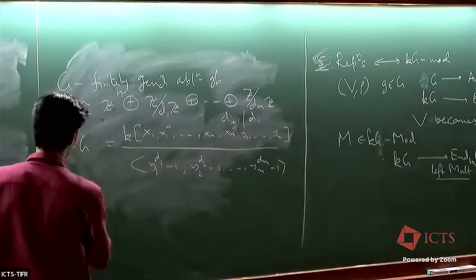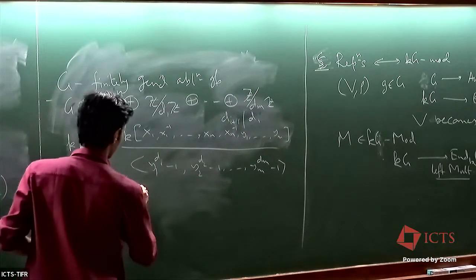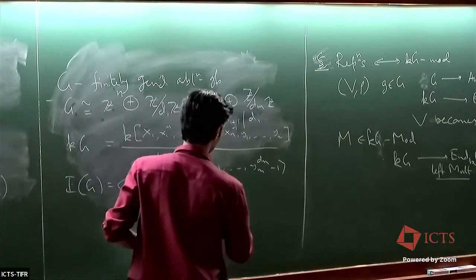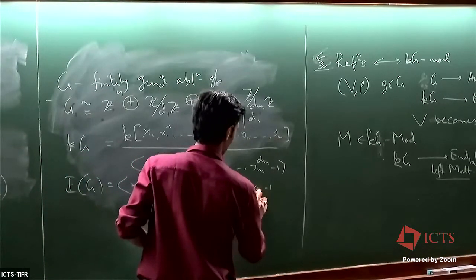In this case, the augmentation ideal will be generated by again all these xi minus 1 as well as these yi minus 1.